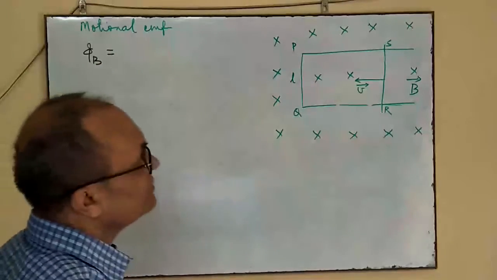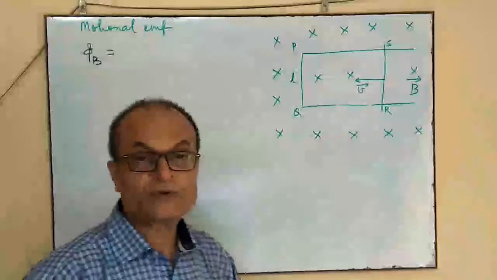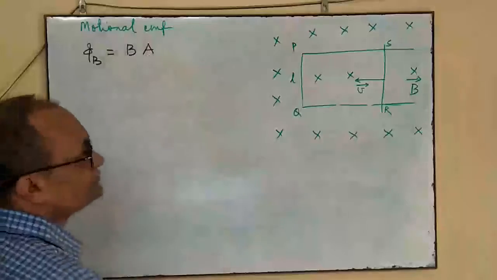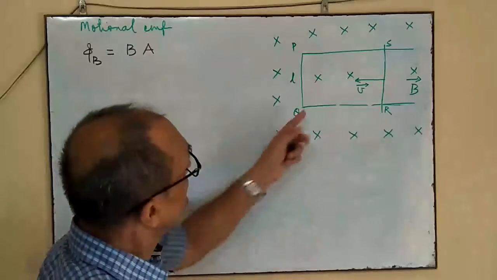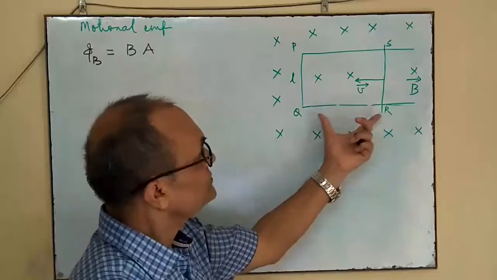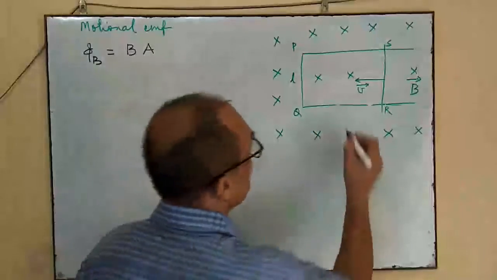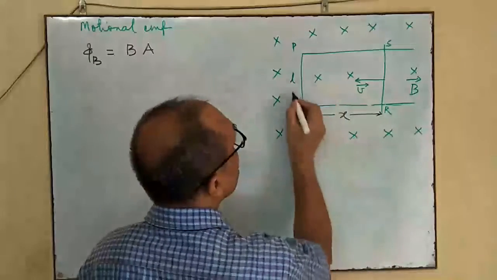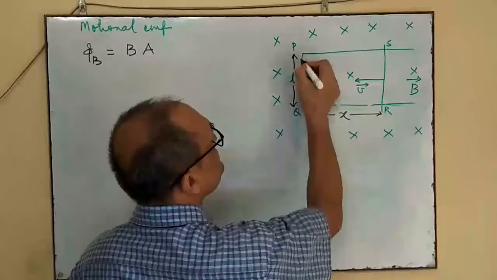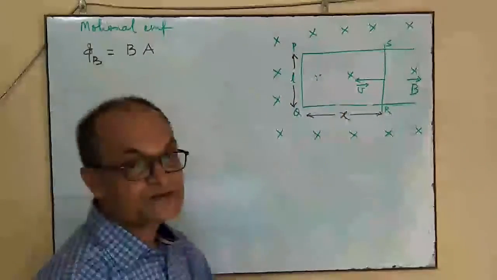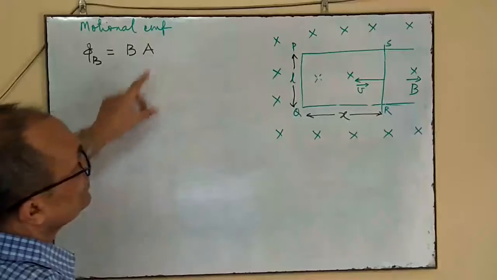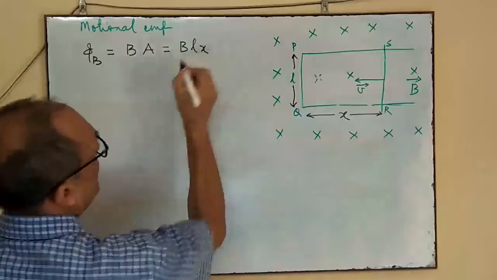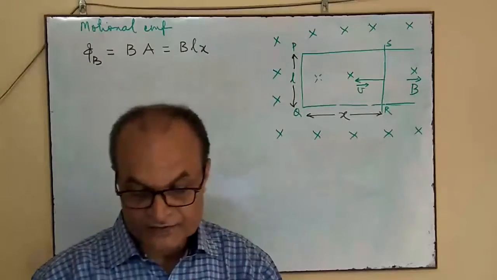This will be equal to the strength of the magnetic field B into its area, and now the area equals to, suppose the distance of QR equals X, and this width L, then L into X will be the area. So A equals L into X. So we can write B L X.